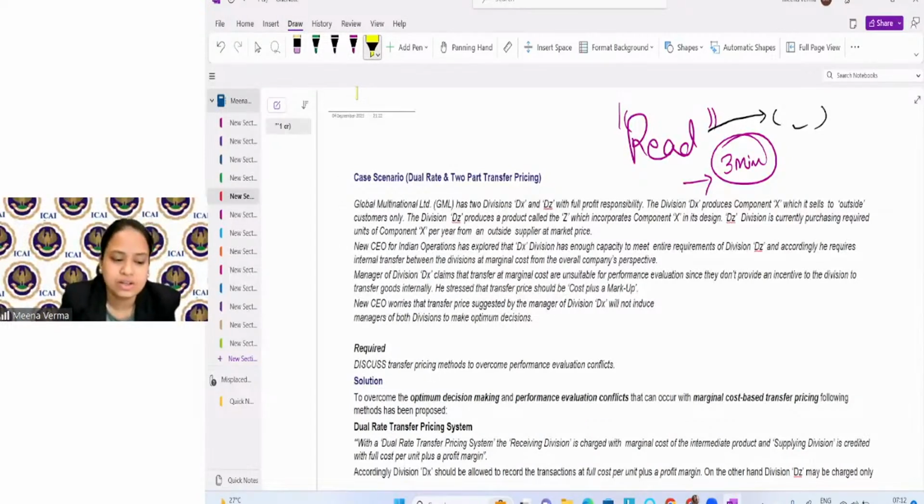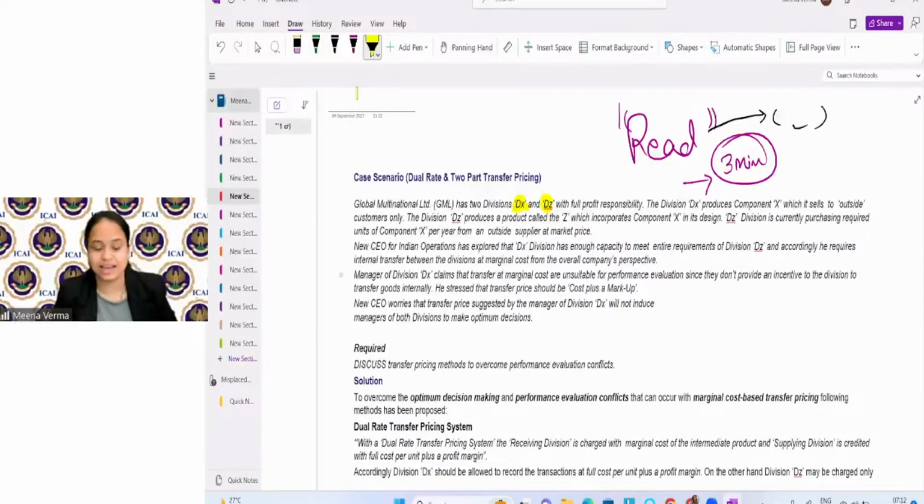What is given here? A global multinational company has two divisions. It produces component X, which it sells to outside customers only. So division X is producing a product which they are selling only to outside. Ab dekho, if I just read it without drawing it, it will be difficult to understand.